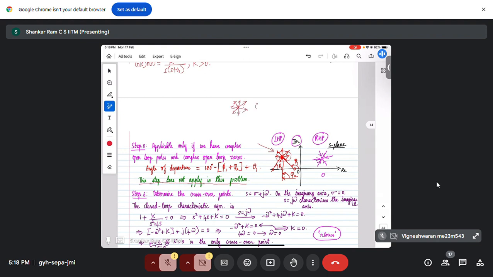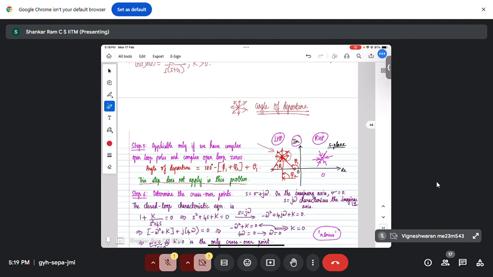That is what is called the angle of departure. I hope the meaning of the term angle of departure is clear. When we had an open loop pole on the real axis which is not repeating, we already observed that it can go either to the right or to the left. That means the angle of departure was only 0 degrees or 180 degrees. But if we have a complex open loop pole, it can go in any direction. That is the purpose of this step, to calculate the angle of departure for a complex open loop pole.